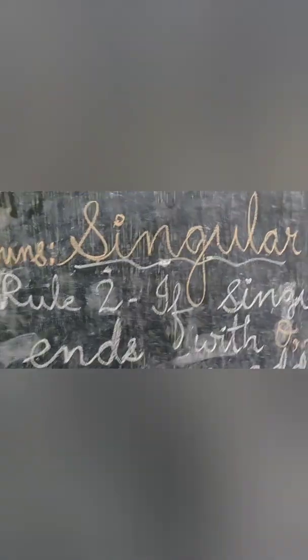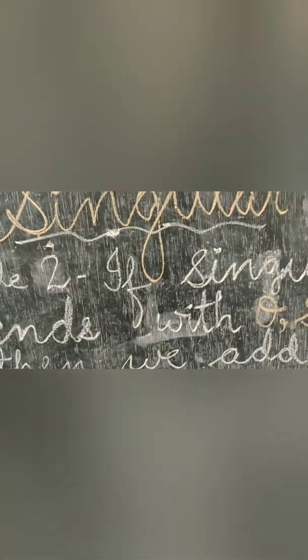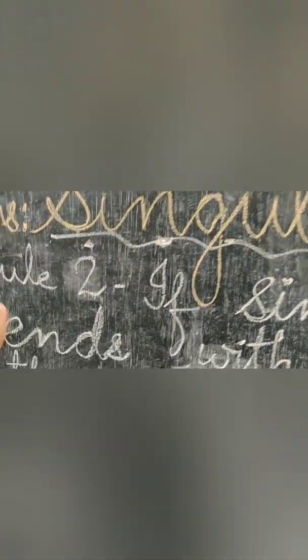Yes, students. The first rule was that we add s to most singular nouns to make them plural. Now let's learn where we don't have to add s. We have to add other things for making it plural.